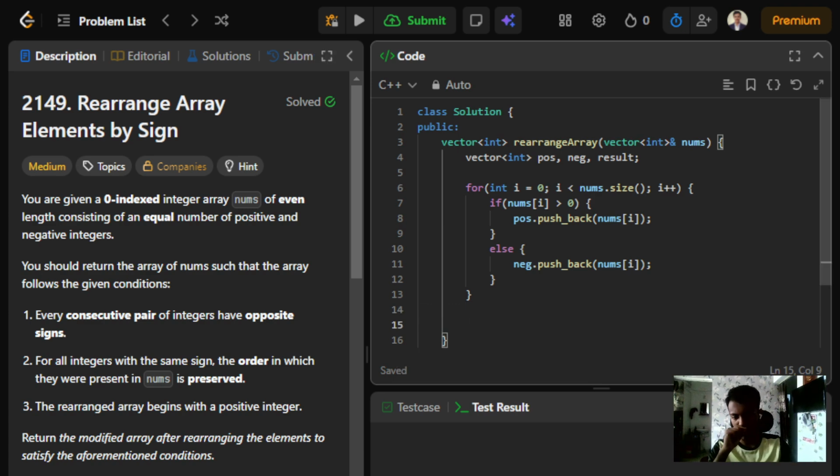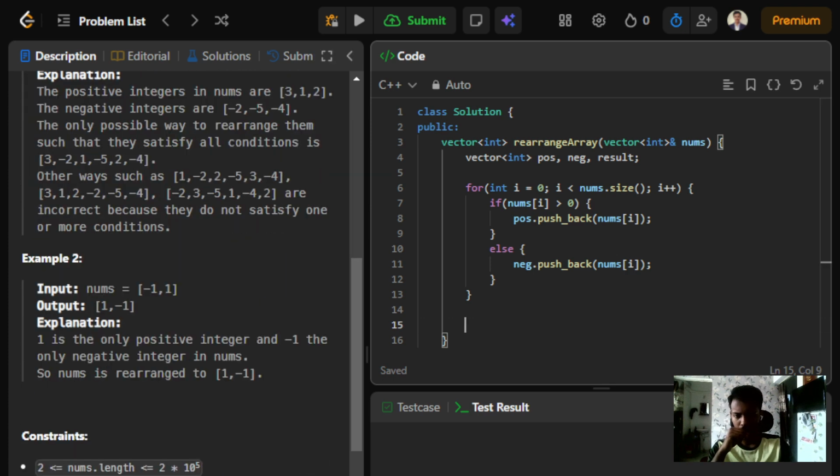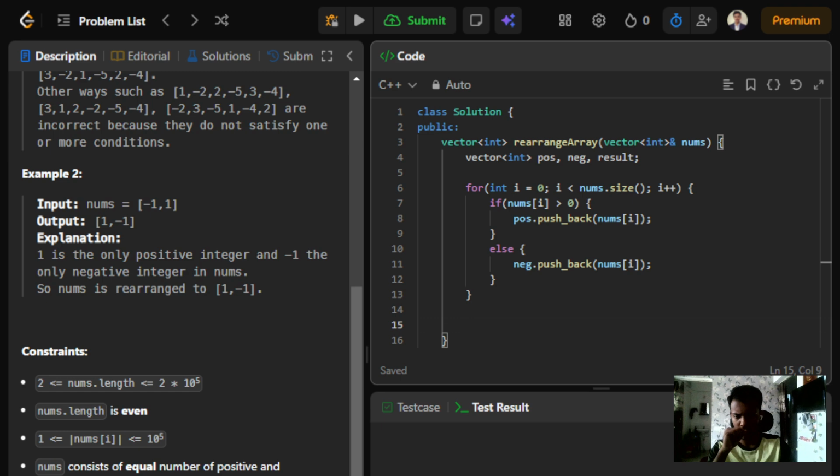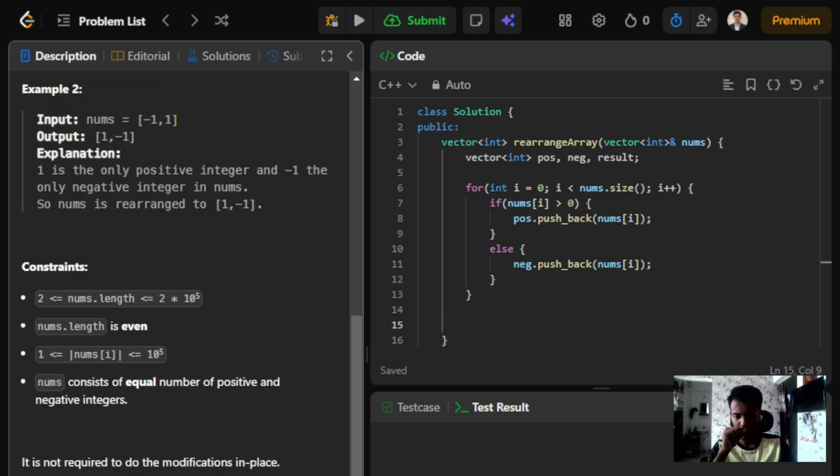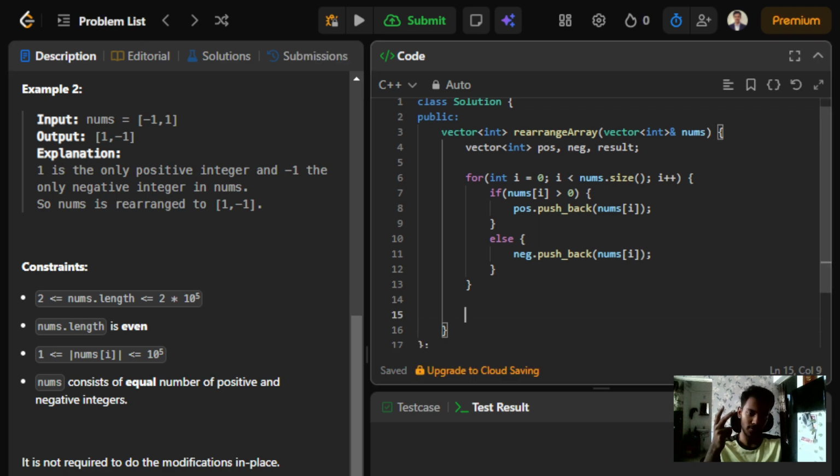And then one observation that I didn't tell you guys is every pair of integers has opposite sign. Somewhere in there it is said that there are an equal number of positive and negative integers. So the size of positive and negative, both the arrays, will be same. That is an important observation for my solution.